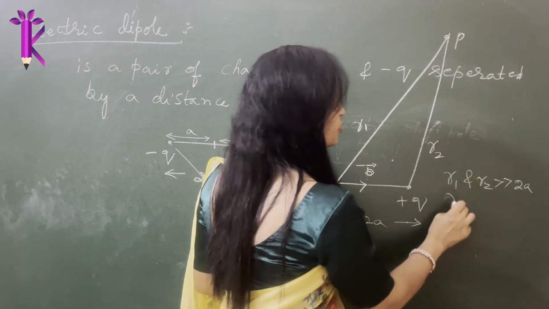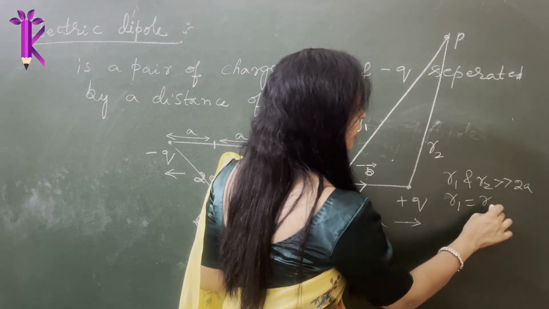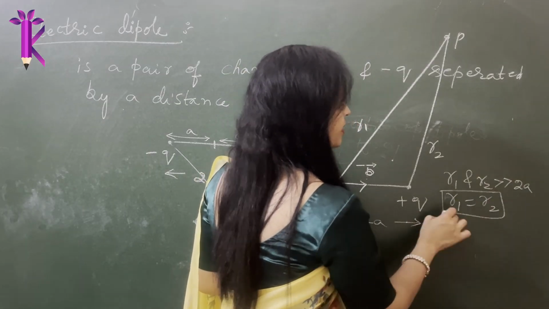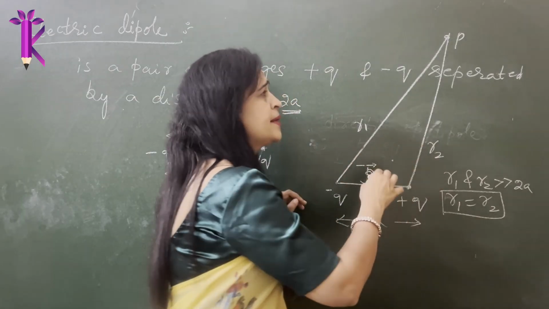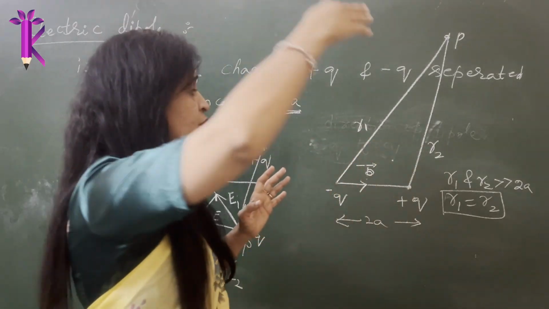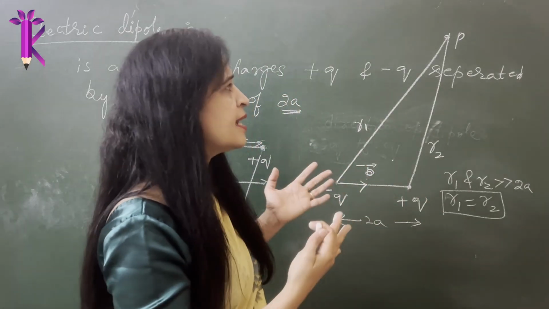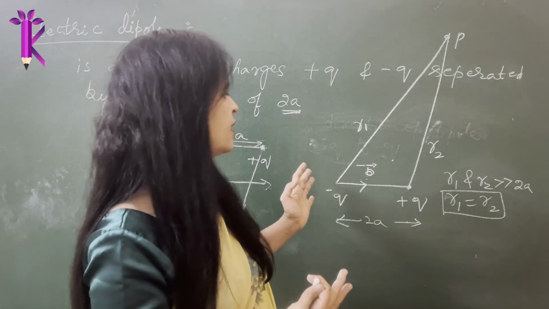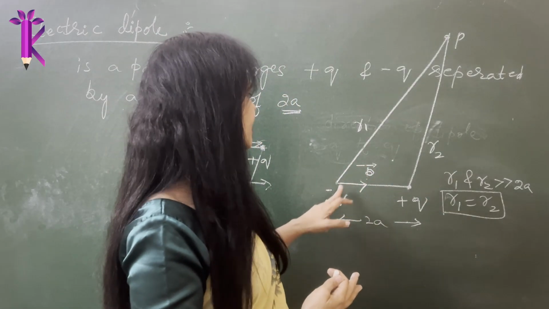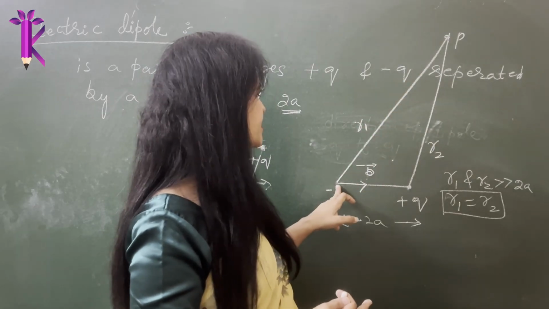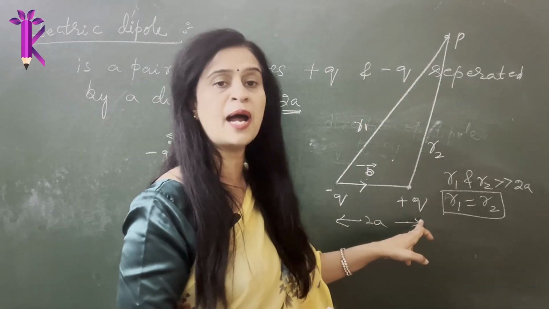In such a case, you can assume the values of R1 and R2 are approximately equal, because the point charge is very far away. You cannot really measure the difference, and the point P appears to be at the same distance from minus Q as from plus Q.